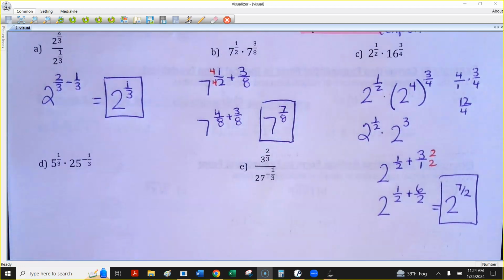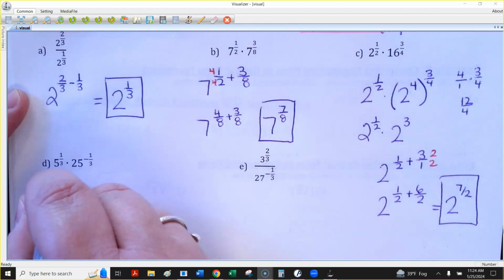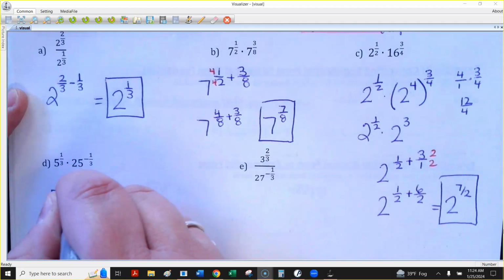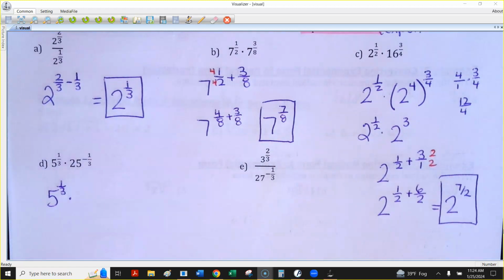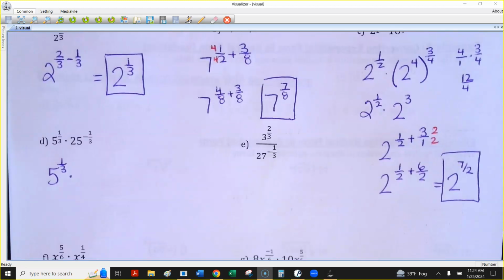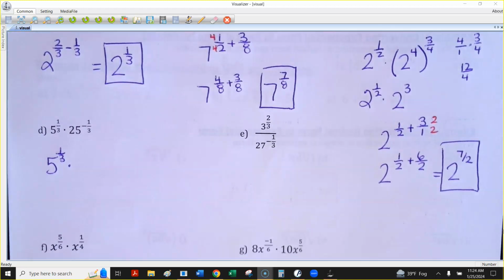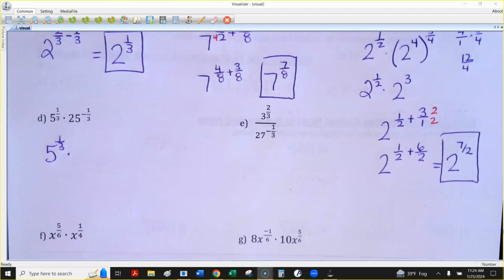Okay, so let's do this one. So I have 5 to the 1/3. I've got to get the bases to be the same. Can you write 25 as 5 to a power? How could I write 25 as 5 to a power? 5 squared, perfect.